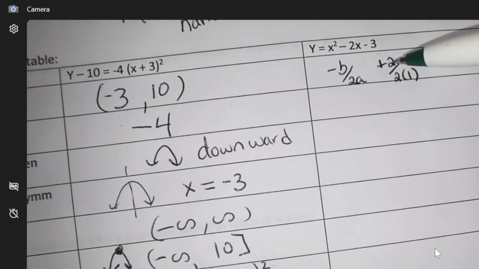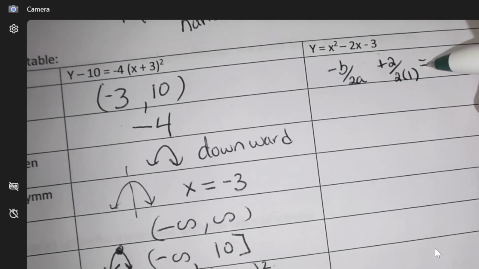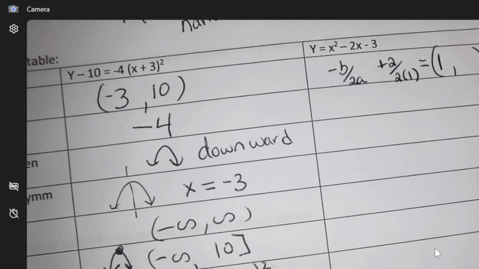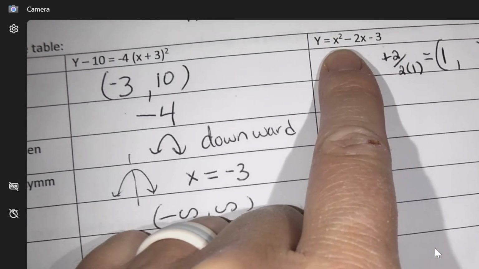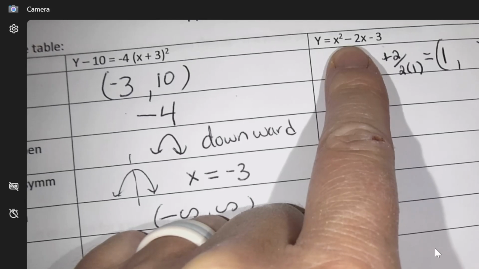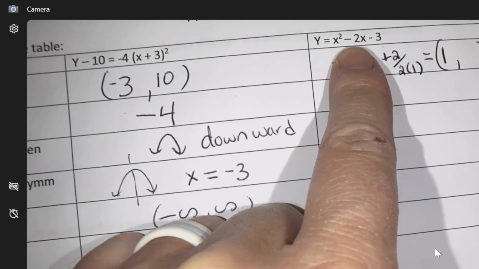So I have a 2 divided by 2 times 1. So that would make 1. One comma something. What do you do to get the y value? Plug x in. So 1 squared minus 2 times 1 minus 3.